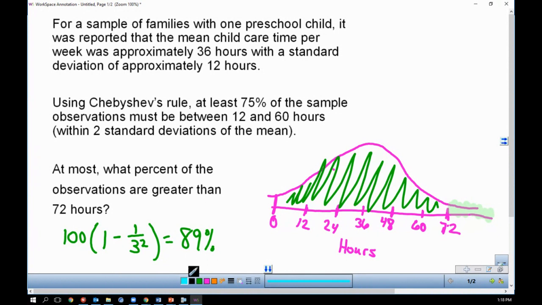So that means that this area right here is 89% of our data. What does that leave us for up here? About 11%. That's what it's asking. That was our answer. 11% was our answer.